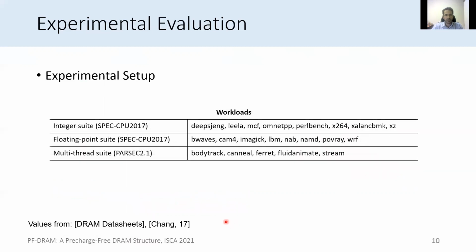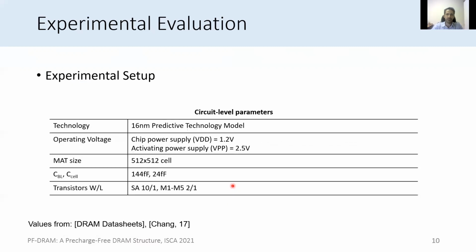Two benchmark suites, SPEC and Parsec, are used to evaluate PF-DRAM against conventional DRAMs, and at circuit level, we utilized HSPICE with 16 nanometer multi-gate PTM model.